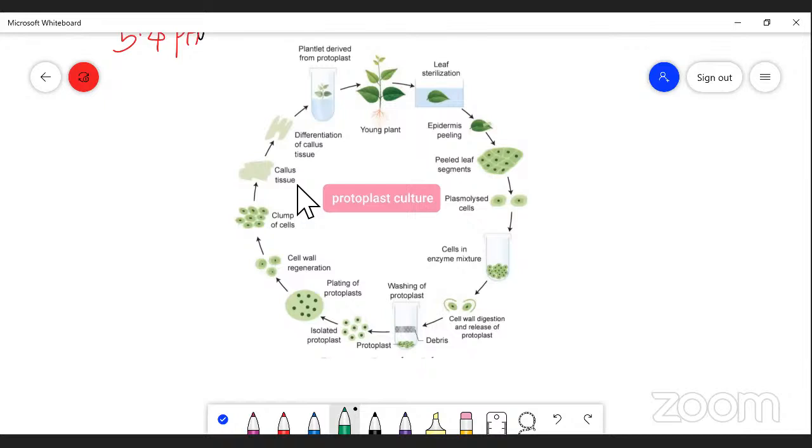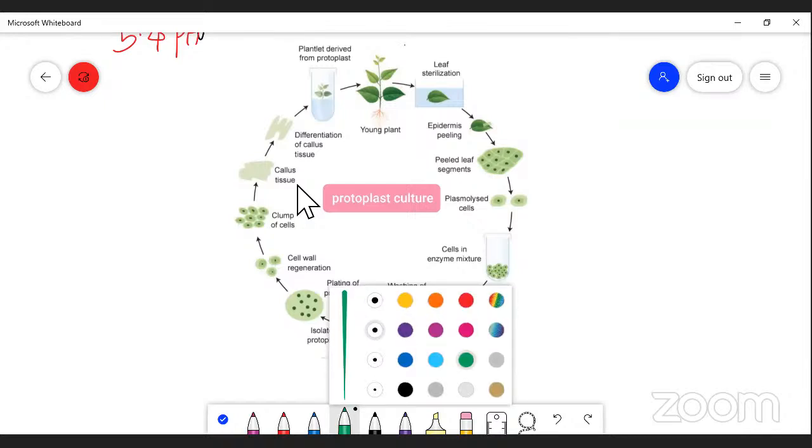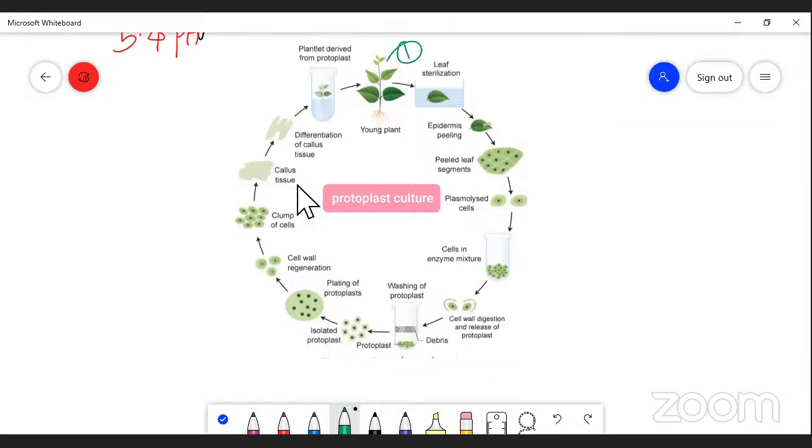The first picture indicates a plant. The plant consists of a number of leaves. Each part of the plant is known as an explant. Explant is the plant part used for the plant tissue culture technique.